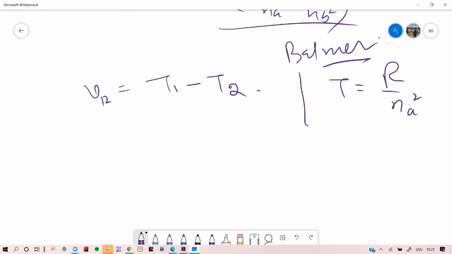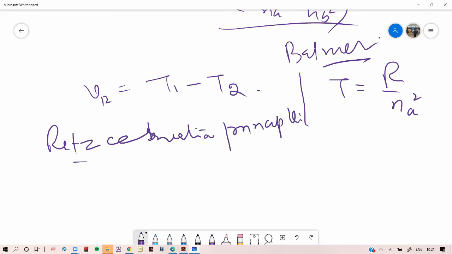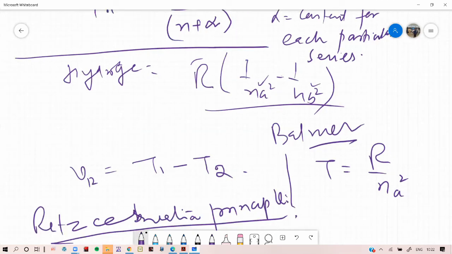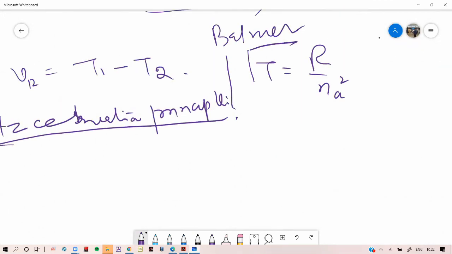If you have studied Ritz's combination principle, have you heard the name, Ritz's combination principle? Rydberg said that the frequency of a line emitted from a particular atom other than hydrogen can be represented in terms of this expression.